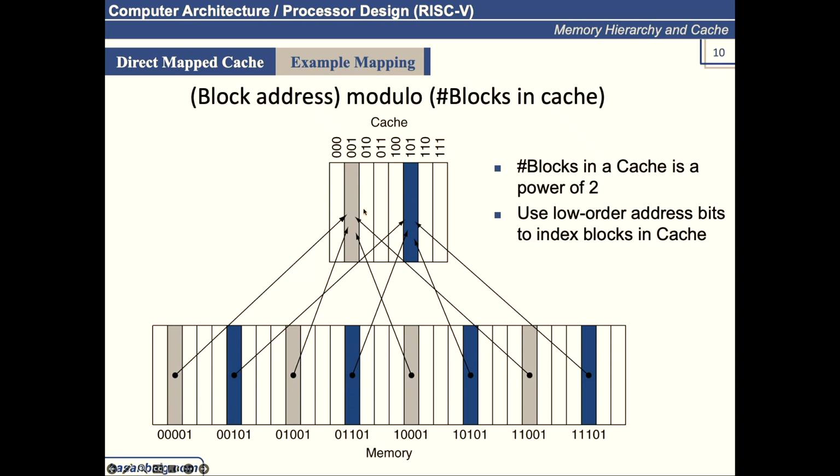Because all of them will be placed here one by one. But do you get an idea of how these blocks are placed? So when the data is requested 00001, this will be placed here, okay? So next time when the processor requests this data, the processor does not need to go to the memory, it can fetch it from here, okay?